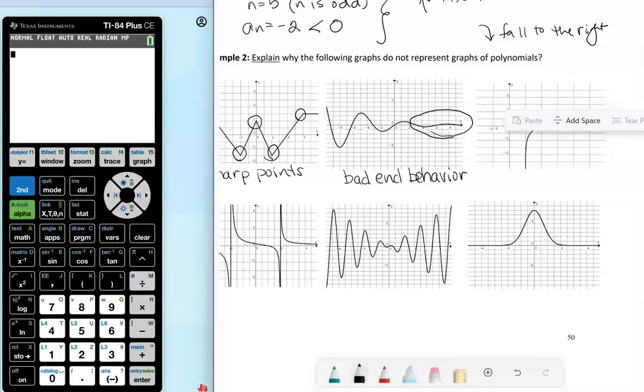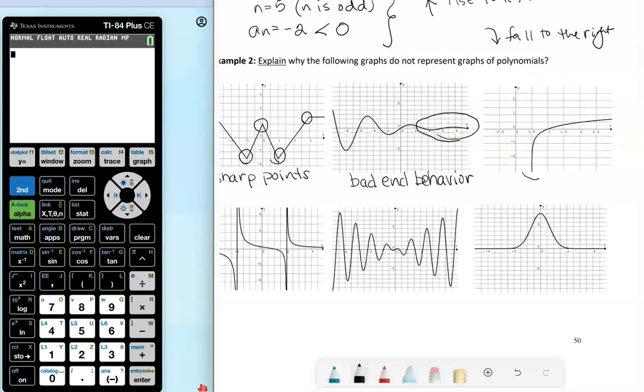On the third one, we do have it falling without bound on the left, but it's approaching a vertical asymptote as it goes off to the left. You could also say off to the right, the function is not rising without bound. So I'm just going to say this is bad end behavior.